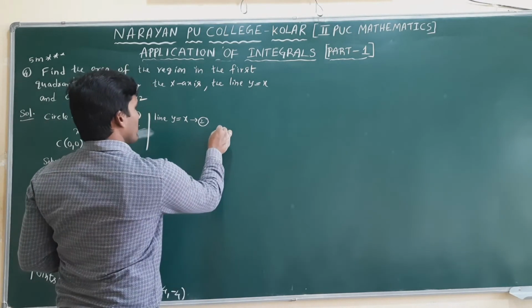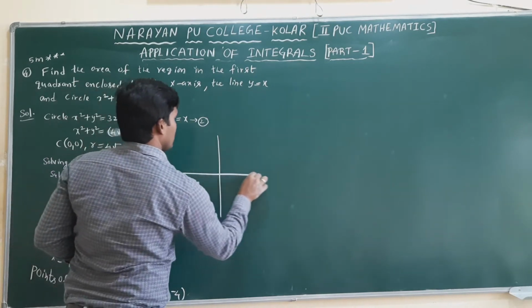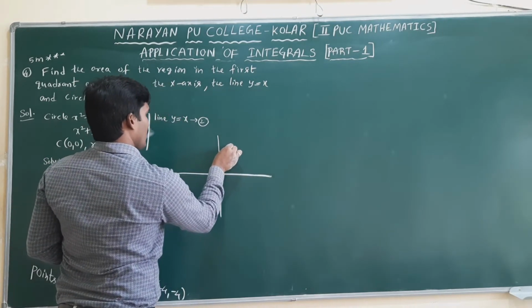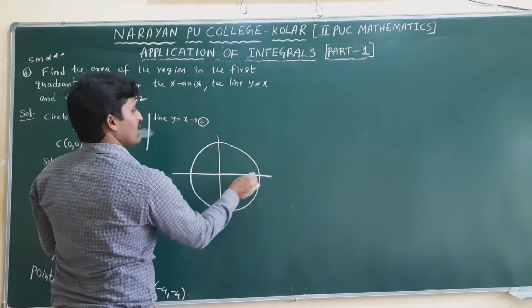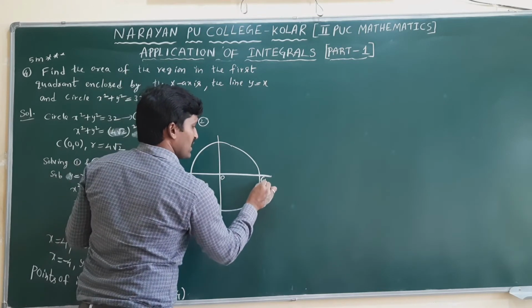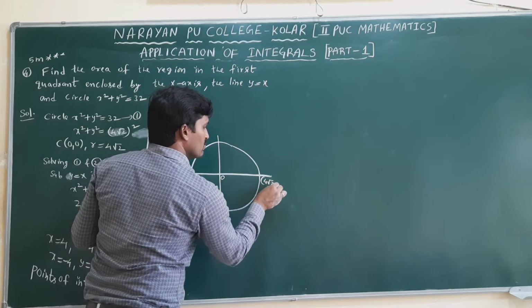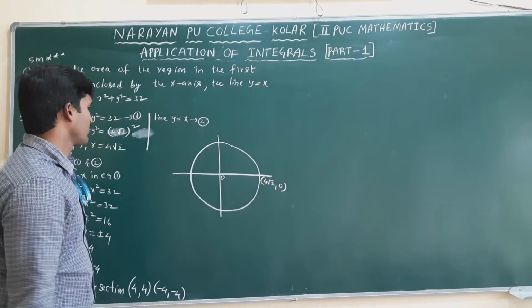Now based on this we can draw the diagram. This is the circle, approximately I am taking, exact measurement is not required. Center is origin clearly, and the radius is 4 root 2. That's why the point is 4 root 2 comma 0.